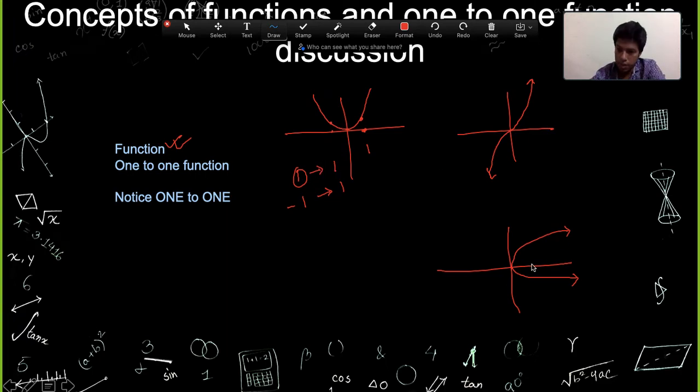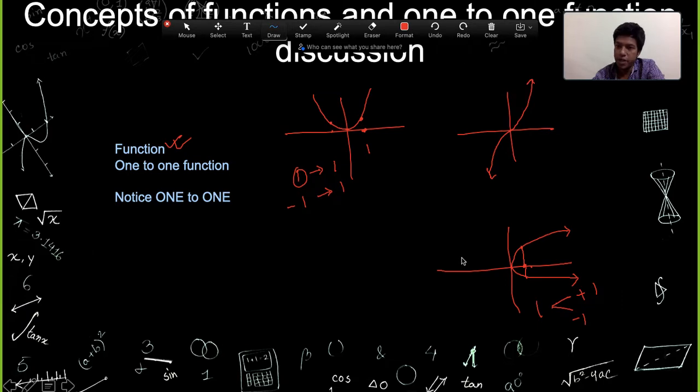Okay, let me show you in contrast what happens. Suppose here you have also 1, but you have two answers for this 1. One is downside here, one is upside here. So here for 1 you have two answers. One answer is let's say minus 1, another answer is plus 1. So you have two different answers.